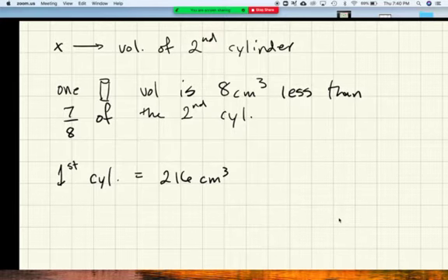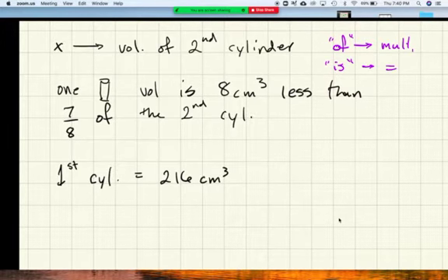All right, so on this one, the word "of" translates to multiply. So we're trying to figure out an equation that gives you x, which is the volume of the second cylinder.